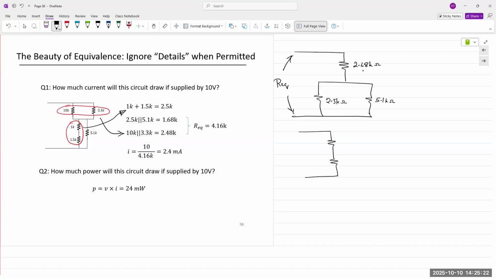And then those two combine to form 1.68 K, with the result being that we have one single Req value, which turns out to be 4.16 kilo ohms.